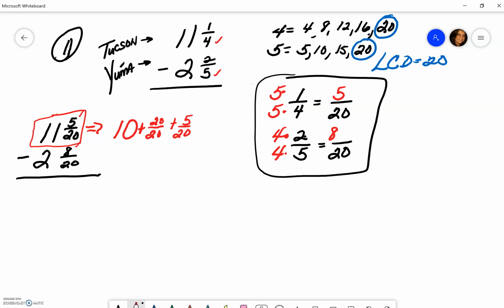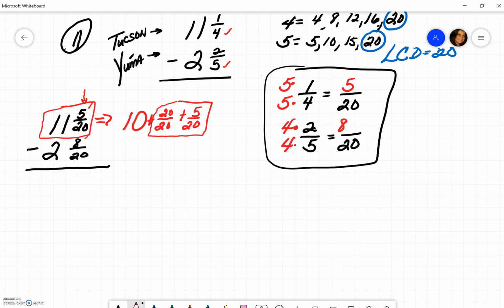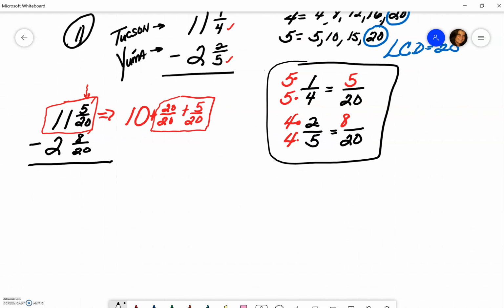We still want it to have the same value, but a different appearance. So with this in mind, how we get this 5 to count up, we're going to take these two fractions and add them. So when we rewrite this problem, we're going to rewrite it as 10 and 25 over 20.